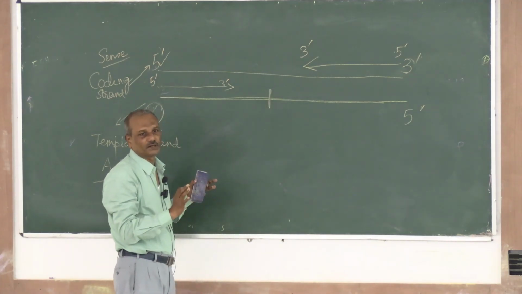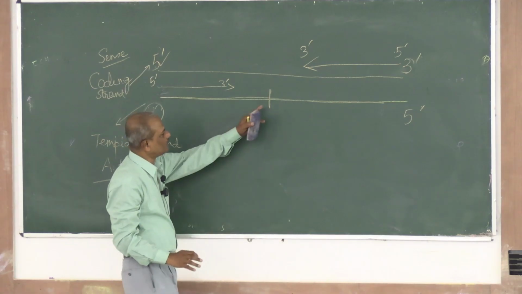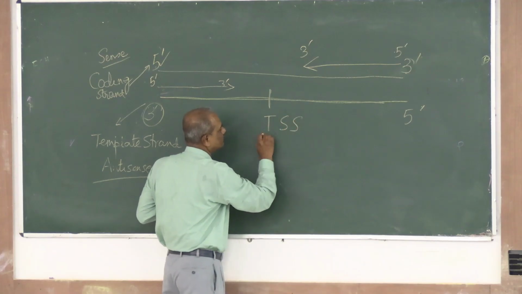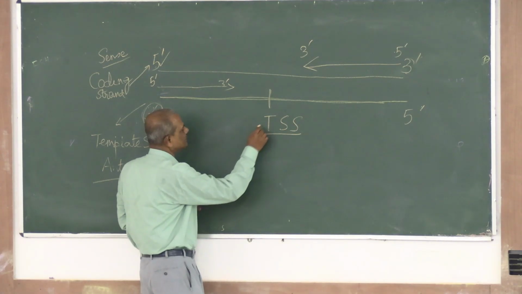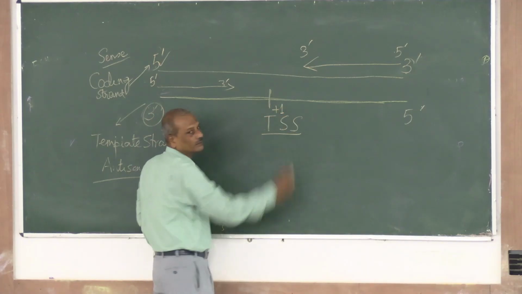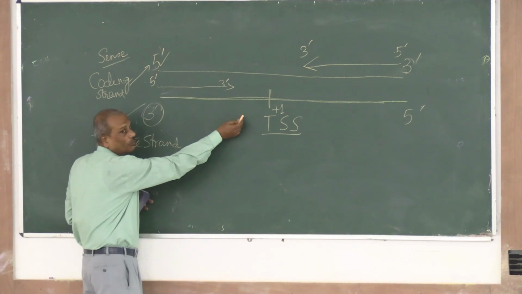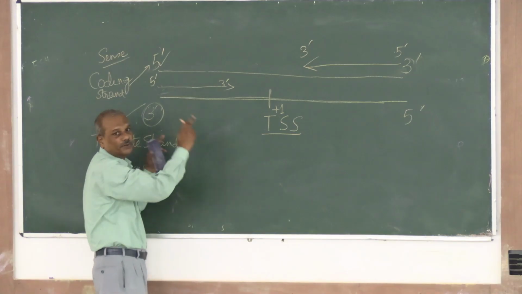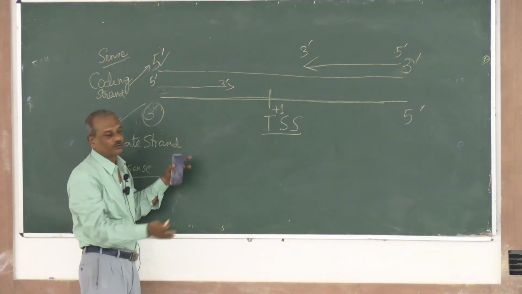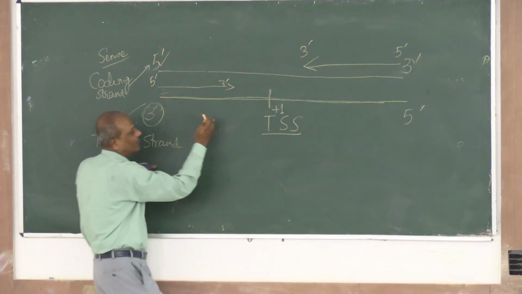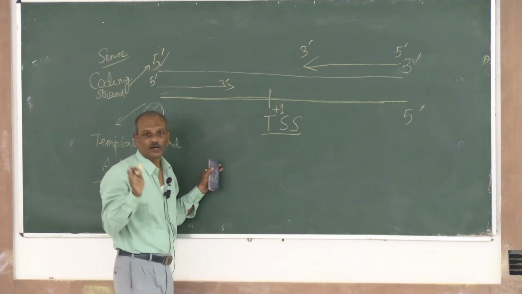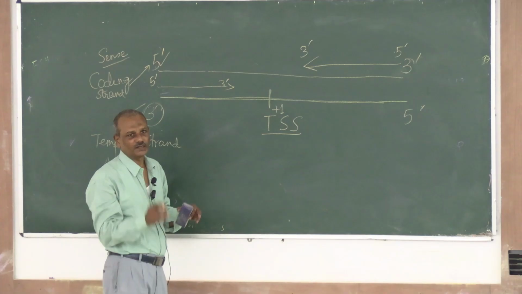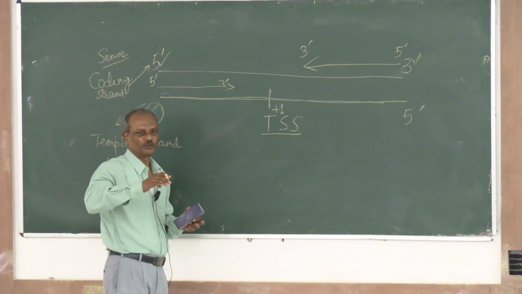Anyway, where the transcription will start, there will be one starting point, and that starting point is called the transcription start point, and that point is designated as +1. This is the 5' end on the coding strand. This is compared to a river, and it is called upstream on the left side and downstream on the right side. It is not up and down, because when the DNA molecule is present in the cell, it is neither in the up nor in the down position.